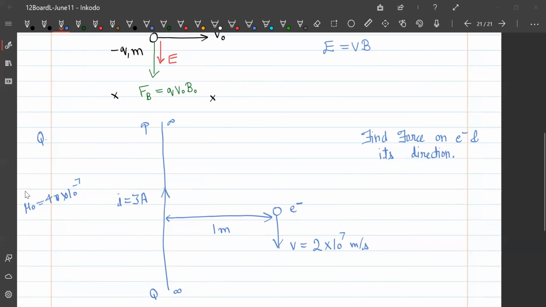The angle between v and B is 90, right? Yes, if you calculate the magnetic field, the direction will be into the plane for the magnetic field.